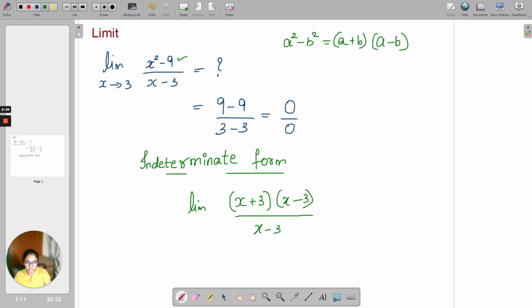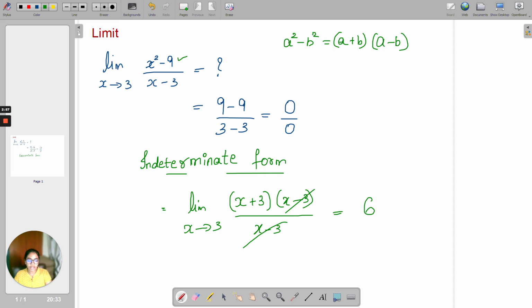Here x minus 3 and x minus 3 get cancelled and I would get 6. So by simplifying the given question, we arrived at an answer. We got a limit.